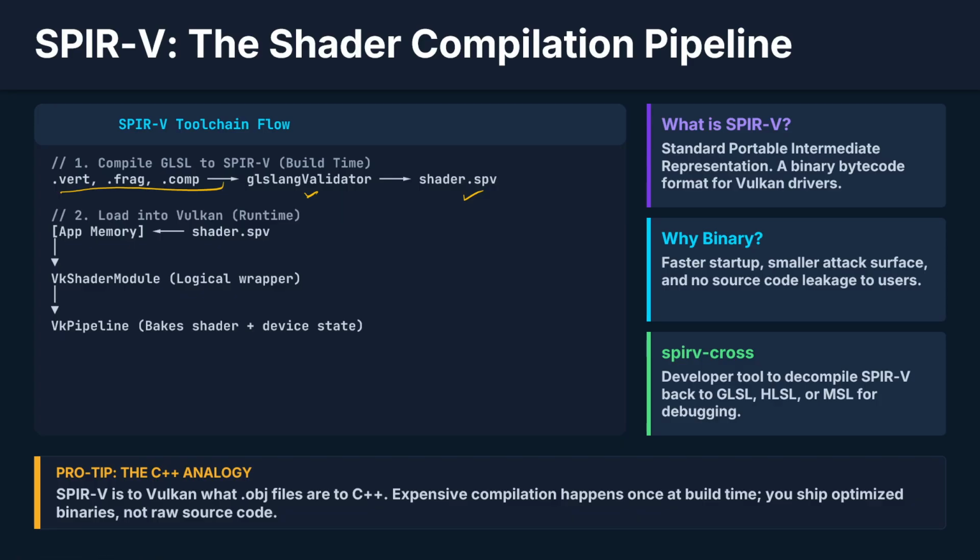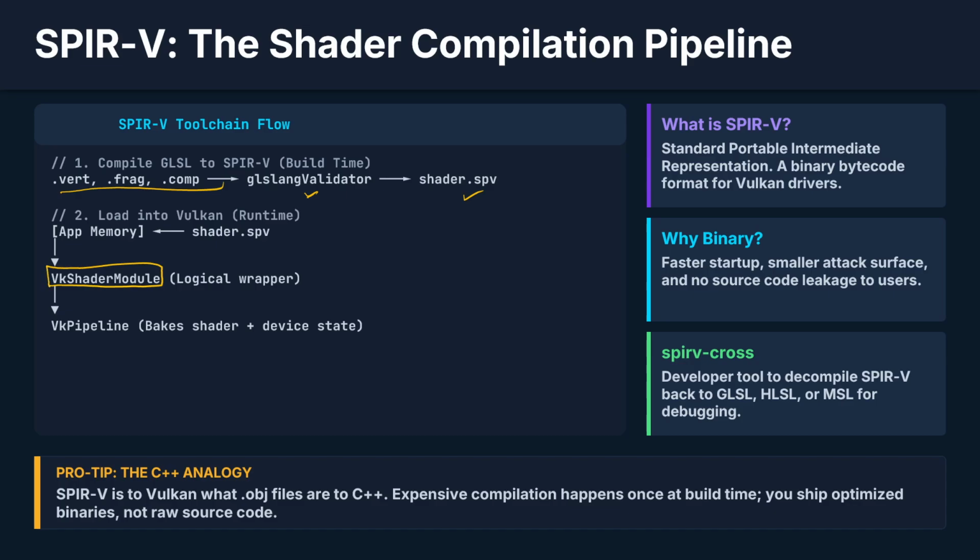So what happens here is you write your shaders in any shading language. It could be GLSL, or it could be a DirectX shader language like HLSL. Then at build time you compile these into SPIR-V, and it generates a .spv, and at runtime Vulkan reads this binary and creates a shader module. This is the VkShaderModule.